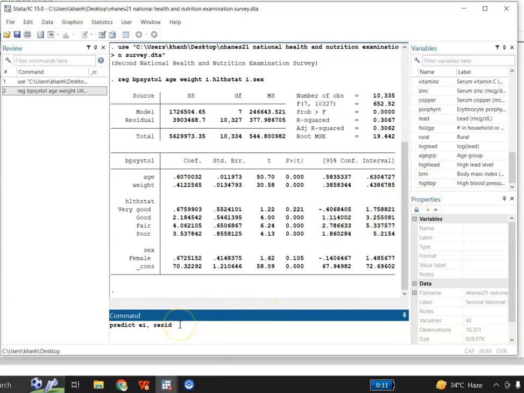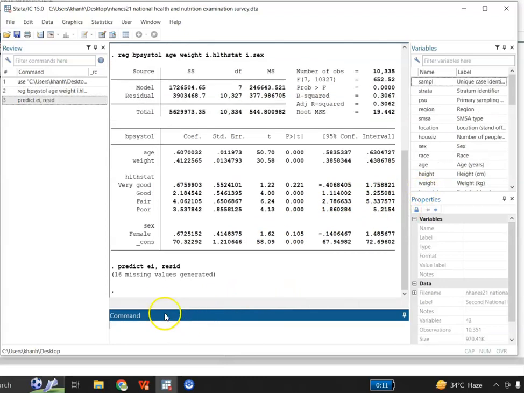Now I am predicting residual, so this variable will be generated and added here. So look at this. Yes, it has been generated, and as I told you, there are 16 missing values. That is why these observations are 10,335, although the total number of observations in this file is 10,351. So the residual has been added and is shown here.